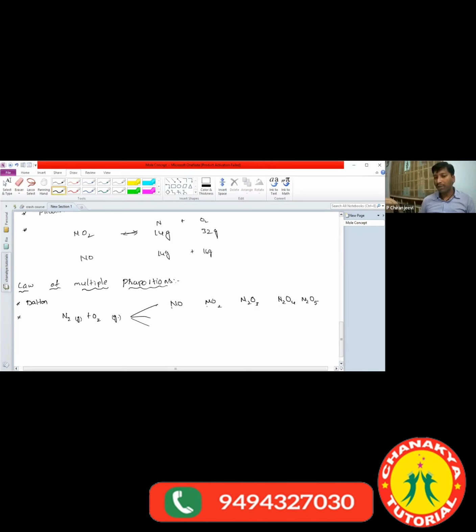In these, nitrogen we kept as the constant. Now if you check the oxygen, how many oxygens are there in total? 3 oxygens, with a total mass of 48. In one, oxygen is 32 grams. In the first one, oxygen is 16 grams. In N2O4, the mass of the oxygen is 64, and in N2O5 it is 80.